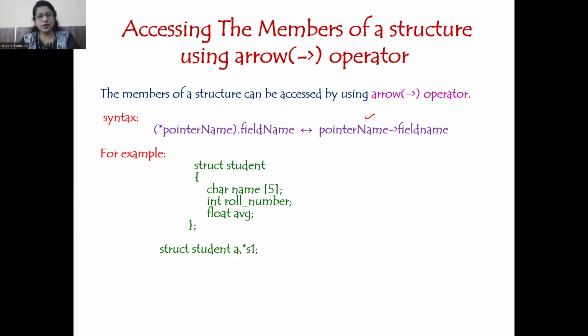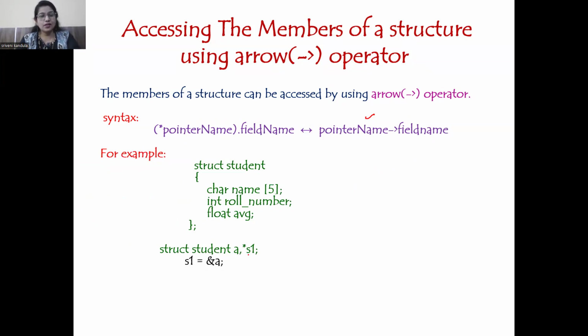Here you can see I'm declaring a variable A and a pointer variable S1. We are already familiar with pointers, right? Before using any pointer, we must initialize it with the address of some variable, because a pointer is an address variable.